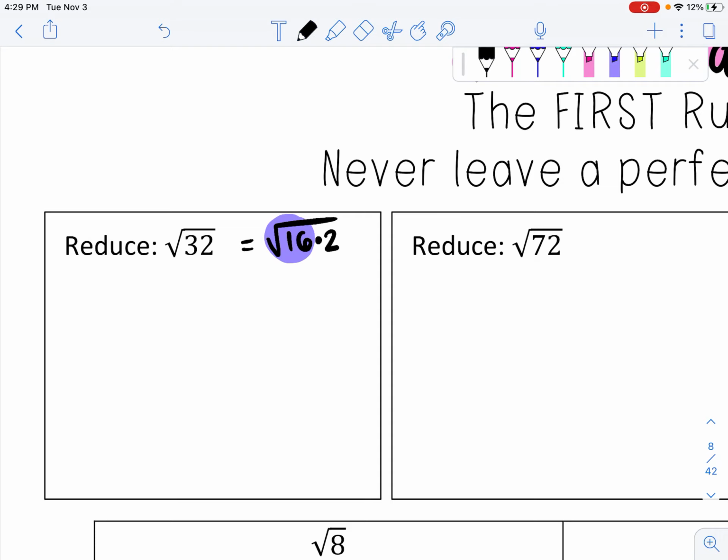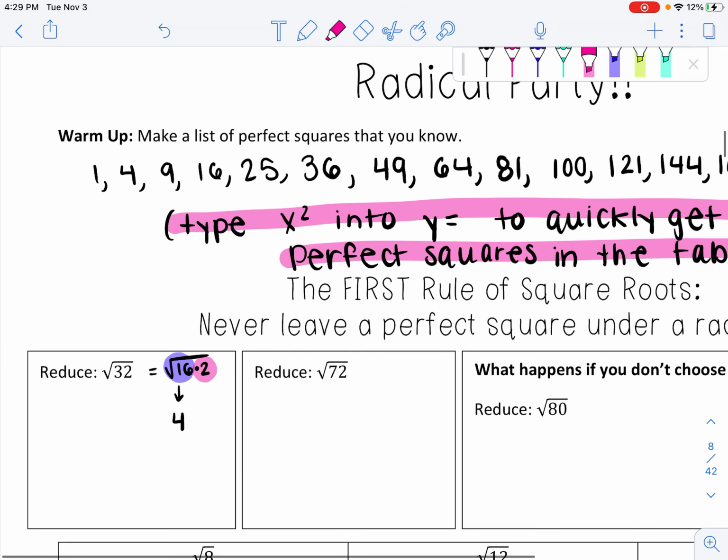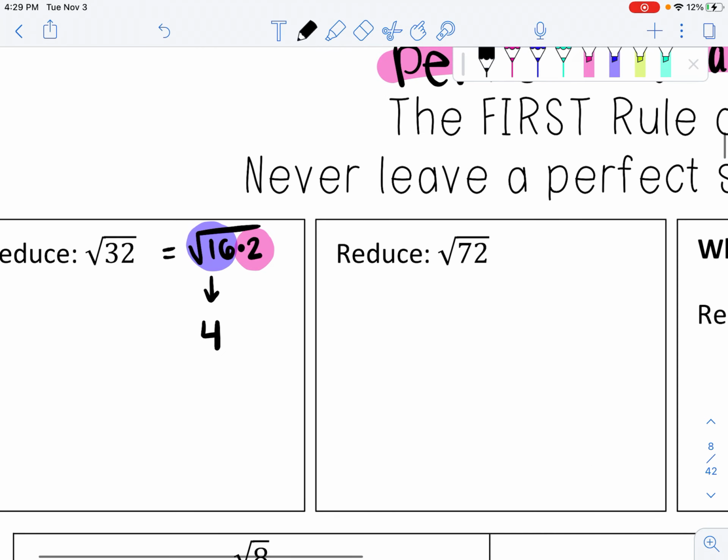So I actually know the square root of 16. The square root of 16 is just a 4. It's a perfect square, so it gets released from the radical. But 2 is not on our list up here of perfect squares. 2 cannot leave the radical because it's not perfect. So this reduces to 4 times the square root of 2.